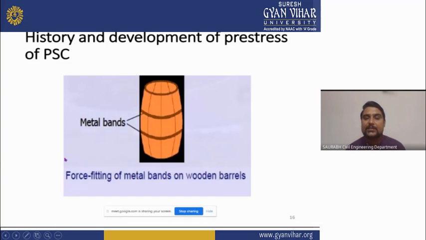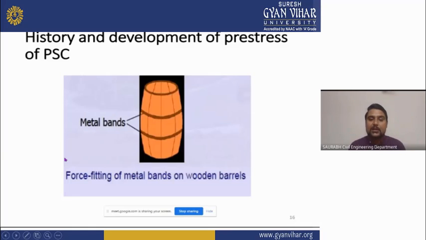Now we will see the history and development of pre-stressed concrete. And here metal bands are shown. This is a wooden barrel, filled with liquid, and there are some metal bands which are resisting and countering the hoop stress generated from the liquid.